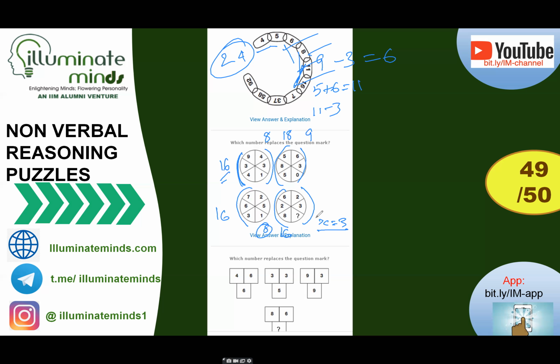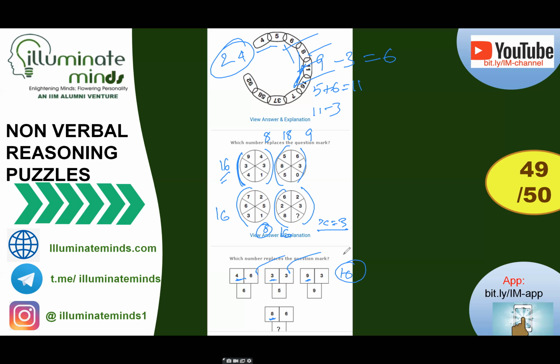In this one, what is happening is, if you start looking from the left side, this is 4 plus 3 plus 9. If you add them up, this will become 16. 16 by 2 is 8.